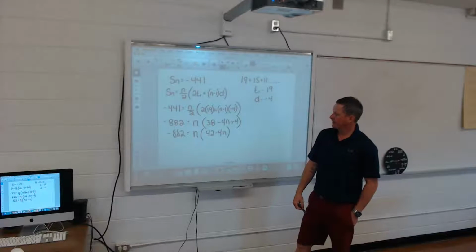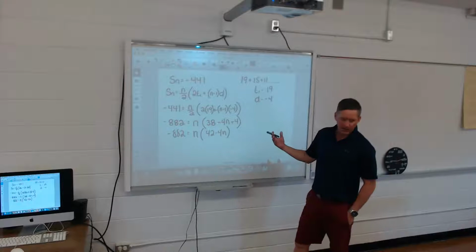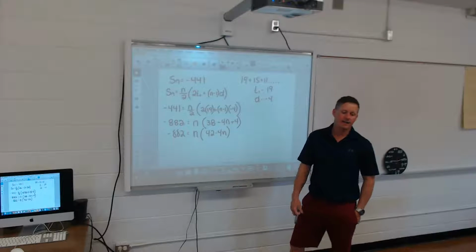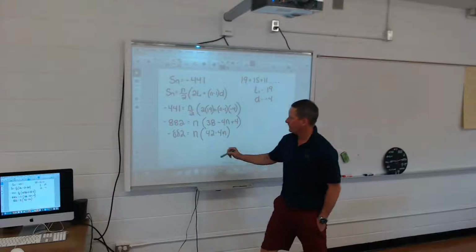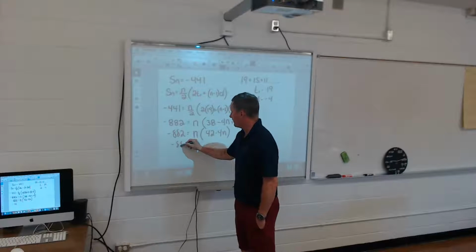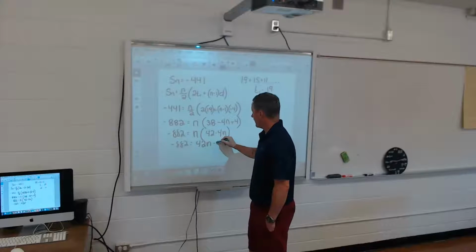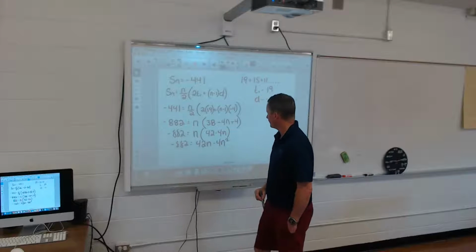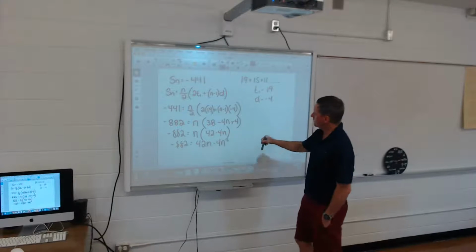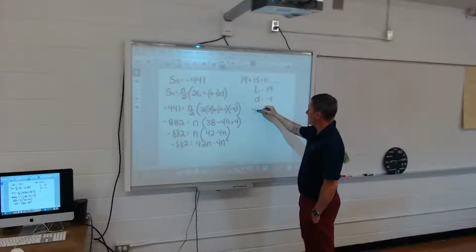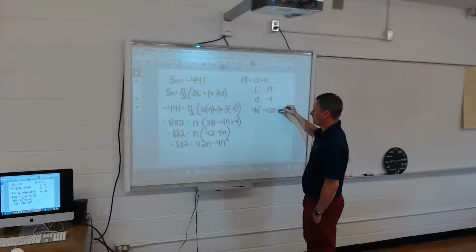Now I am looking at a quadratic equation. So I'm going to go minus 882 equals 42n minus 4n squared. I'm going to move everything to the same side. So I have 4n squared minus 42n minus 882 equals 0.